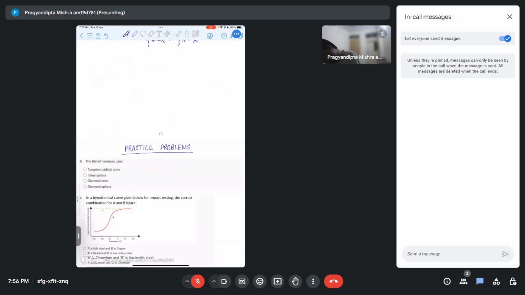So the formula is 2P divided by pi D times D minus root of D squared minus d squared. Right? This is the formula. Now capital D and small d are in mm, P should be in kgf.